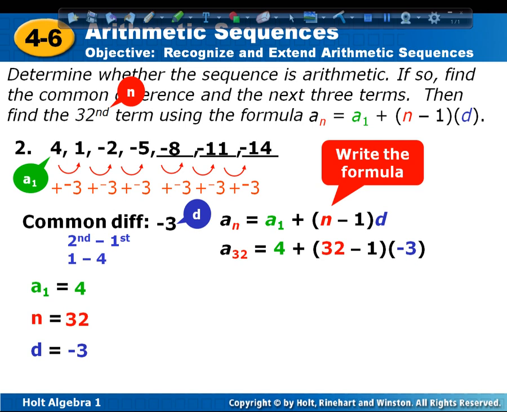Again, I'm fine with you using the calculator and plugging all of this in, but if we are going to do this step by step using order of operations, we're going to say 32 minus 1 is 31, times negative 3 is negative 93, plus 4 is negative 89. So they're saying that the 32nd term would be negative 89. So if I kept going with this sequence 32 times, the number negative 89 would be what would be there. Make sure you have all this written down before you move on.